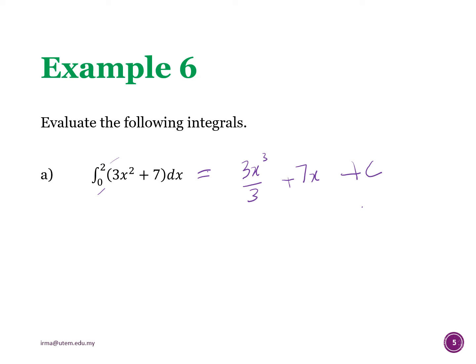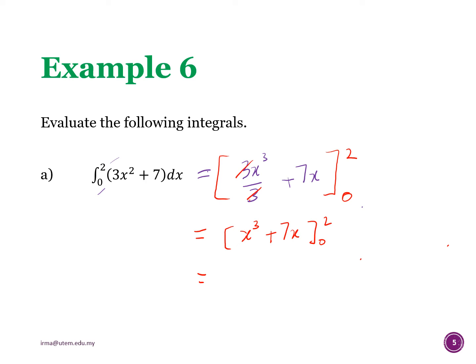But since this is a definite integral, we don't have the plus c there, but you need to put the lower and upper limits. Now the 3 can be cancelled out. So you have x cubed plus 7x, where we will substitute x equal to 2 and 0.